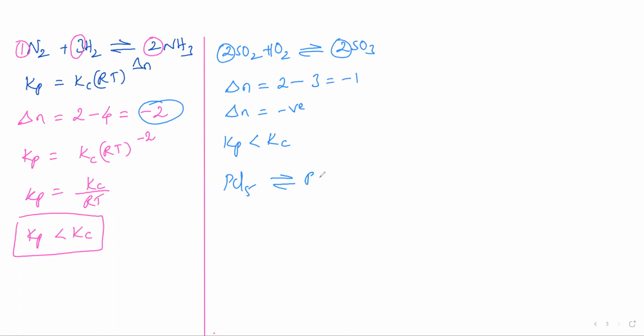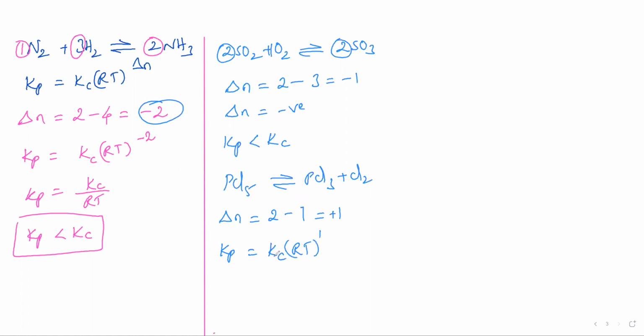Then PCl5 is dissociated into PCl3 and Cl2. What is delta n for this reaction? The number of moles of products is 1 plus 1, 2. The number of moles of reactants is 1, so delta n is plus 1. If delta n is positive, then what is Kp, sir? Kp is equal to Kc into RT power 1.